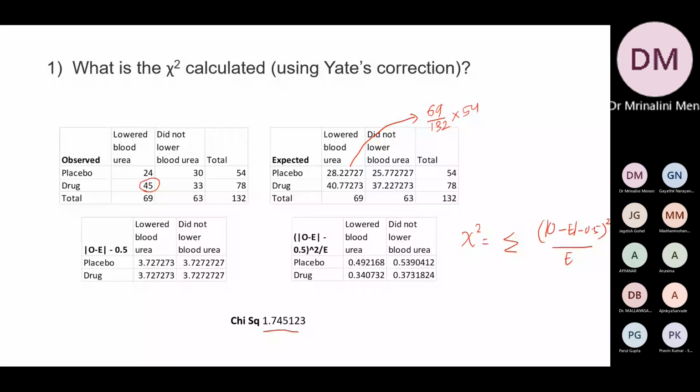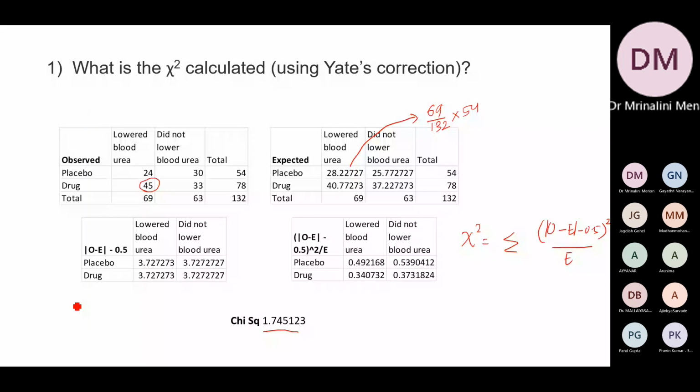Sir, I just tried the O minus E, observed minus expected. Is it a normal minus calculation or something else? Normal minus, but it is not coming out right because I did 24 minus 28.227 and minus 0.5. For the first question, we are also using Yates correction, right? In this case, what we do is observed minus expected; we take the modulus and we subtract 0.5.